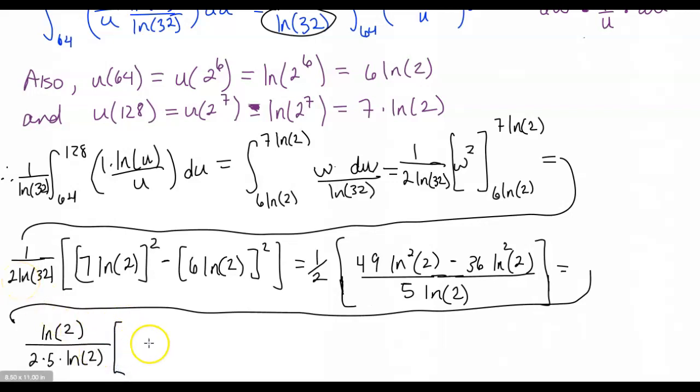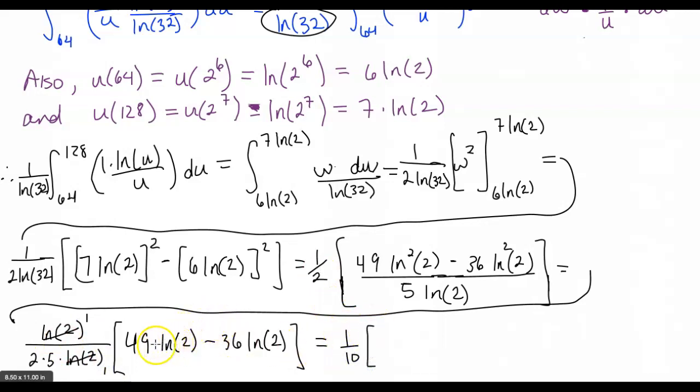And then from there, we'll just have 49 times natural log of 2 left on the inside, minus 36 natural log of 2 left on the inside here. And these natural log of 2s will reduce to 1. I'll just have 1 over 10 here.